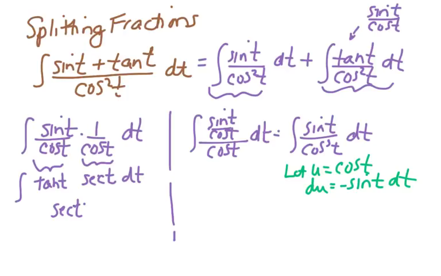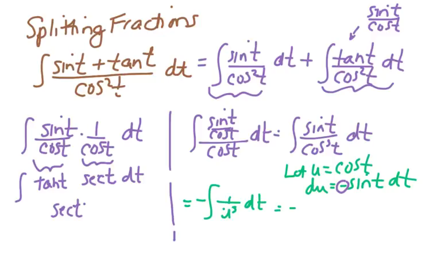So making that substitution, that's going to be equal to minus, I have to pull out that minus sign because there's a minus sign here. Okay, and it's 1 over u cubed du.